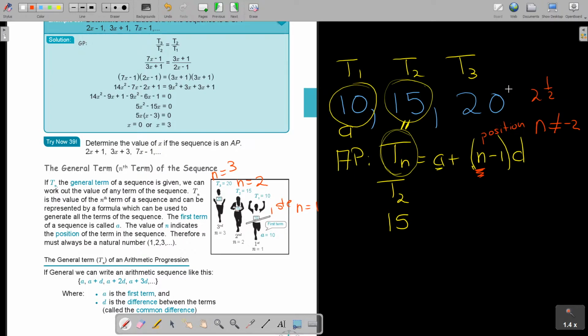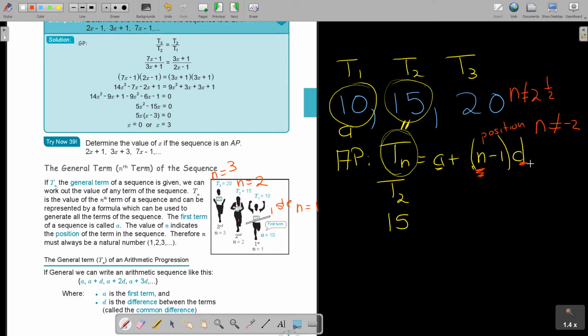No, sorry, you cannot be 2.5. So you were either second or you were third. So n can just be a whole number, and it's actually not whole, it's a natural number starting from 1. So you can be first, 2, 3, 4, 5. And that's very important to remember.